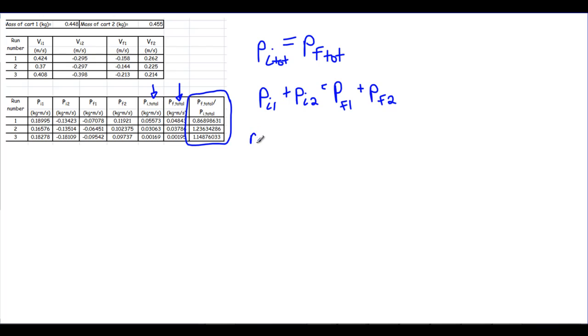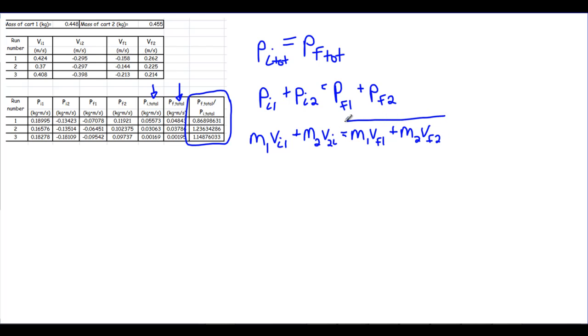We know that the momentum of object 1 is given by the mass of object 1 times the initial velocity of object 1, plus the mass of object 2 times the initial velocity of object 2. And then I can do the same thing with the finals: the mass of object 1 times its final velocity plus the mass of object 2 times its final velocity.